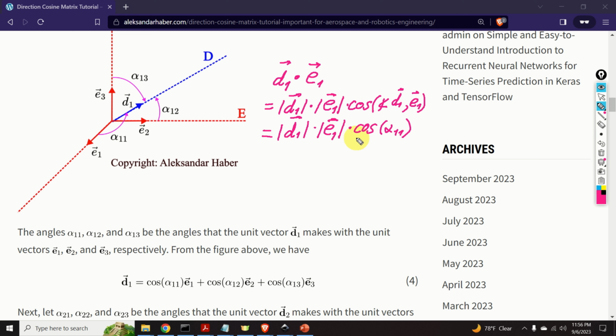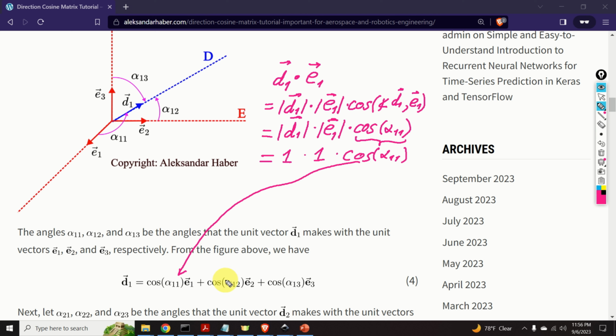And from this equation, we can obtain the following. We know that the intensity of D1 is 1, since D1 is the unit vector. We know that the intensity of E1 is 1, since E1 is a unit vector, and we only have cosine of alpha 1,1. And that's precisely the term over here.